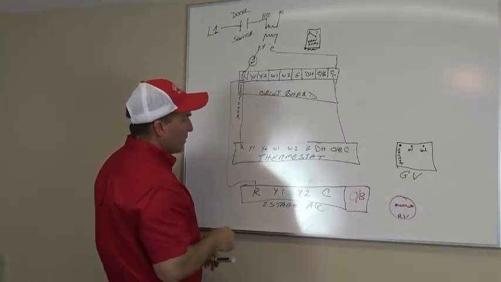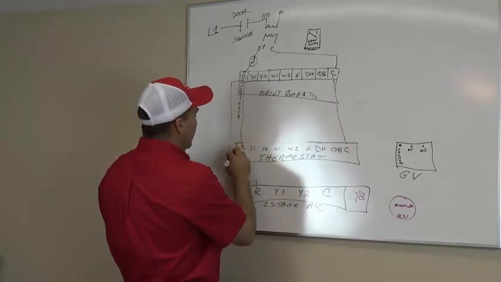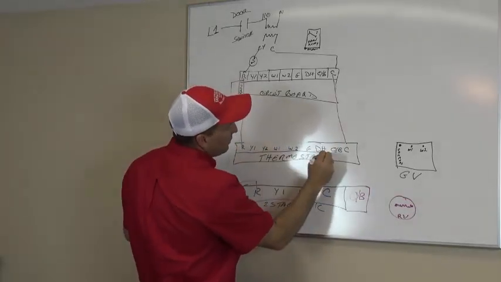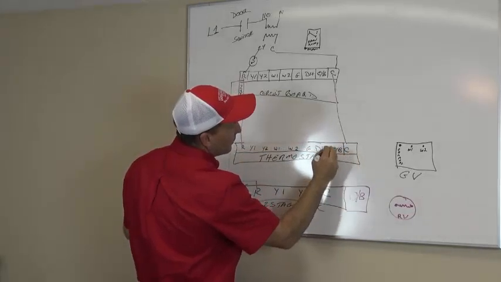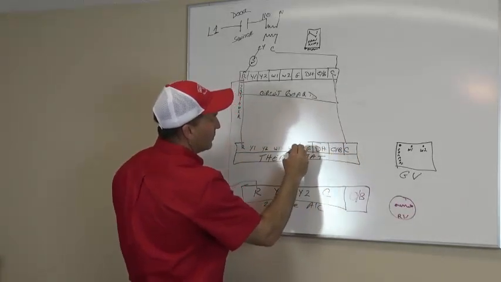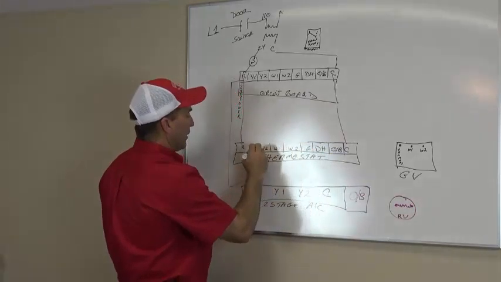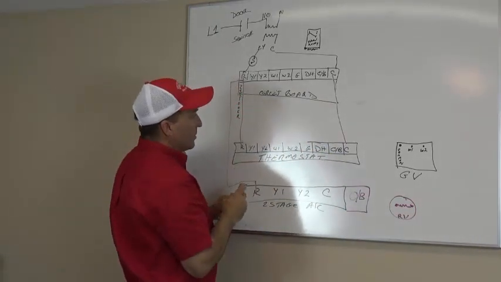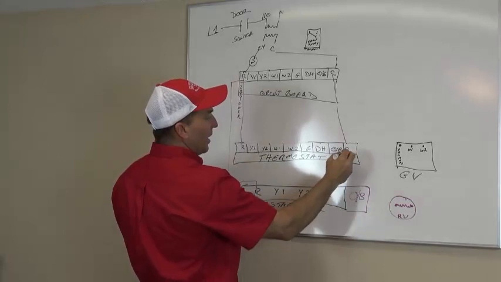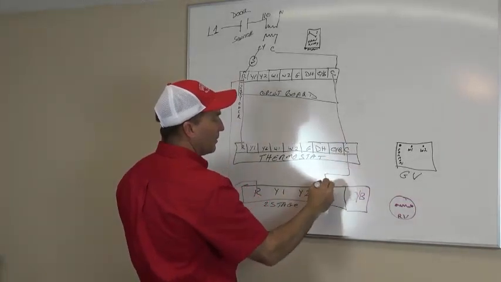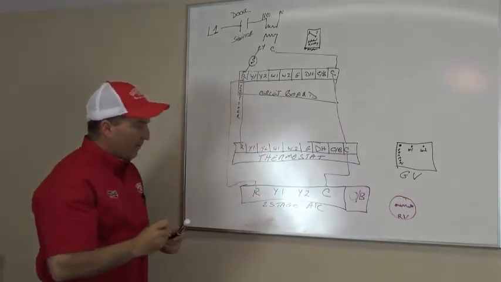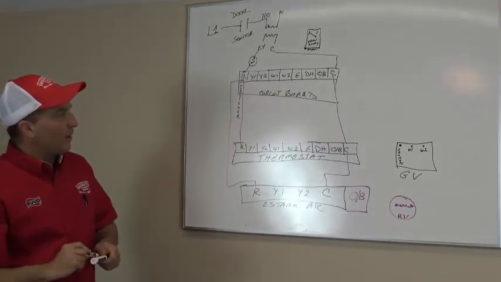Let's go ahead and make our dividers on here as well. So now our common comes from here and goes down to there, right? So we're feeding 24 there.